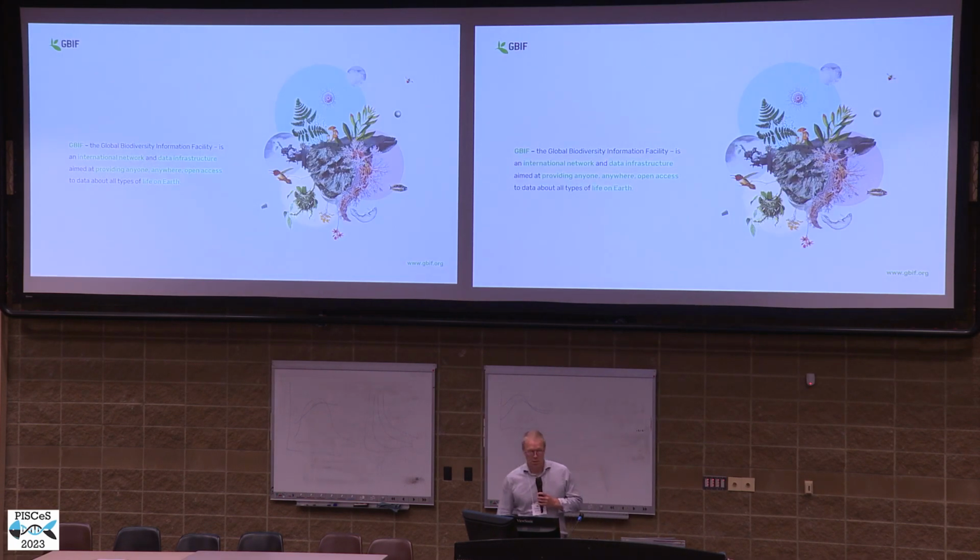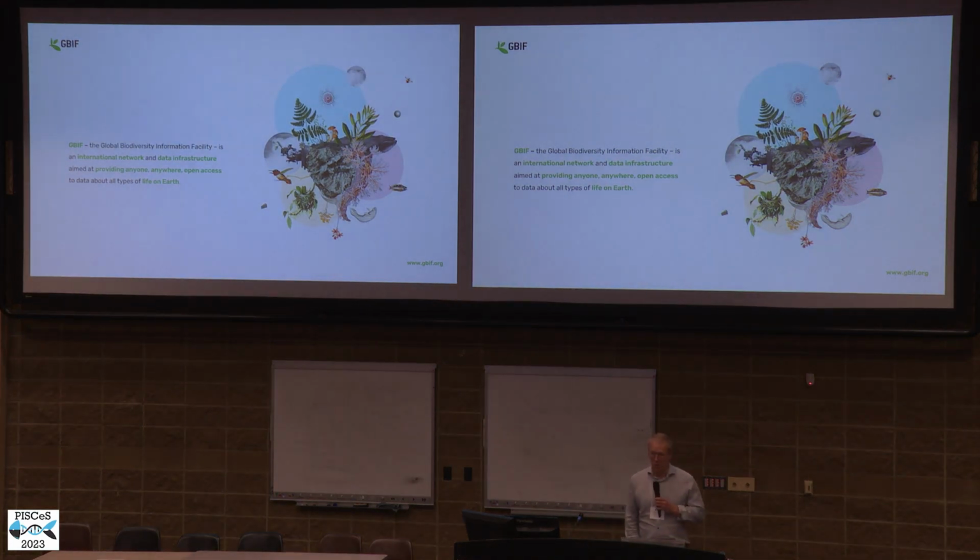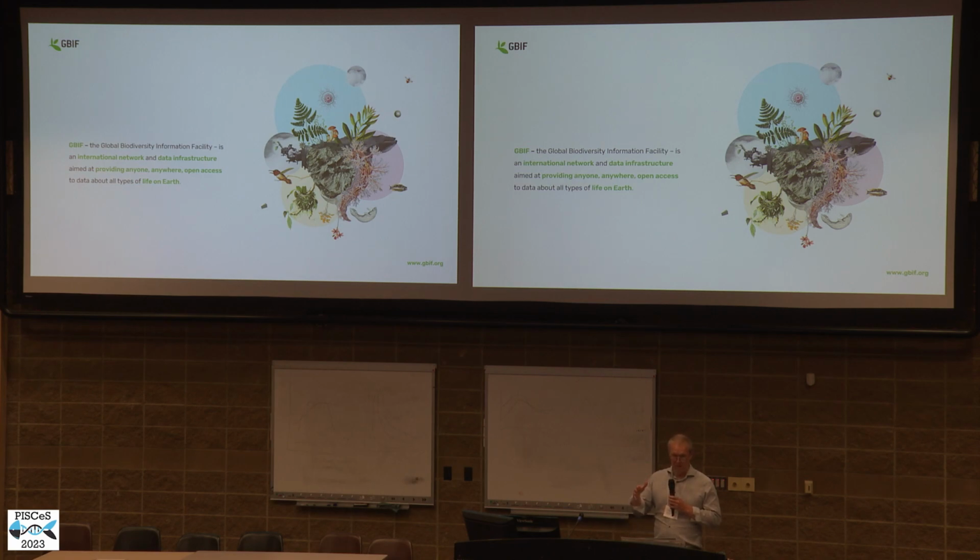So, let's reiterate, what is GBIF? It's an IGO, an intergovernmental organization. It started 23 years ago from a wish from the OECD to have somewhere where all the biodiversity data could be standardized, collected and made available for reuse and policy making.